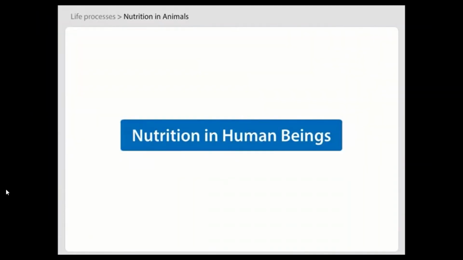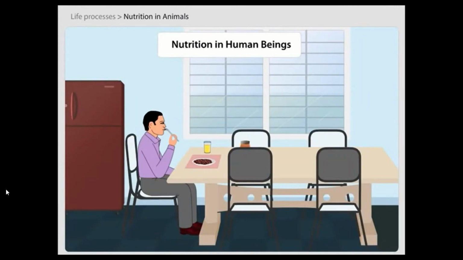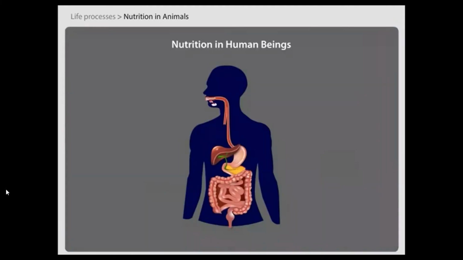Now let us know about nutrition in human beings. Human beings are omnivorous in nutrition. That is, they take both plant food and animal food. The nutrition in human beings takes place through the human digestive system.